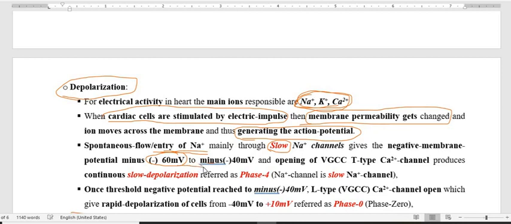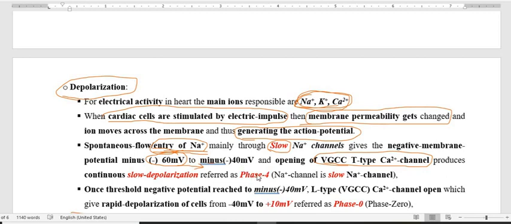Simultaneously, not only does the sodium ion enter the pacemaker cell, it also opens another type of voltage gated calcium channel, the T type calcium channel, and therefore calcium enters along with the sodium. This phase is called phase 4.